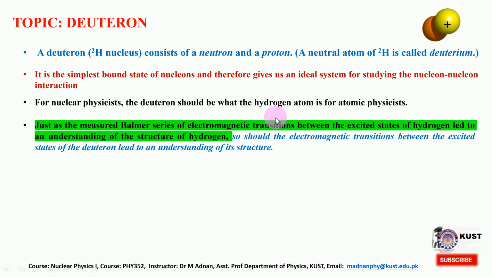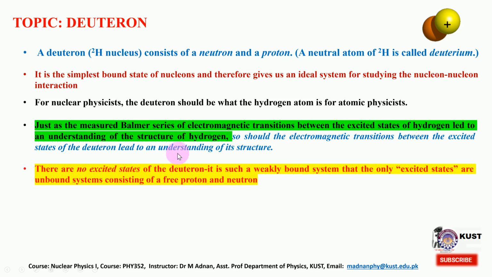So there's a question whether, as I told you, it's an ideal system like the hydrogen atom. But the hydrogen atom has several excited states, while unfortunately deuteron, having one proton and one neutron, has no excited state inside, and the only excited states are the unbound system consisting of a free proton and a neutron.